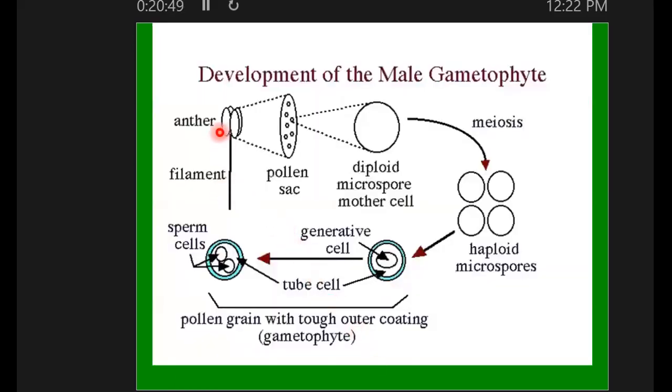So we have to think about the microspores. In the anthers, you have many microspore mother cells. They don't get reduced down to one. There's lots. Each one will go through meiosis and give you microspores in the haploid state. Then each one of those develops into pollen.